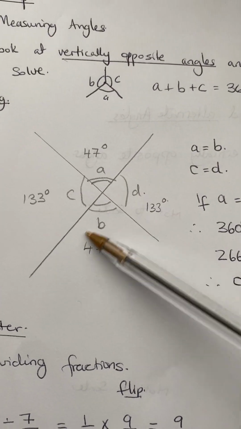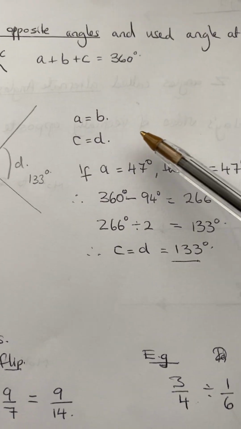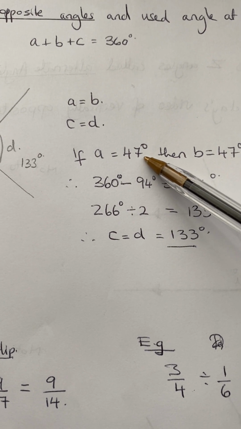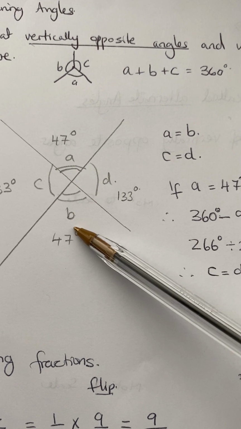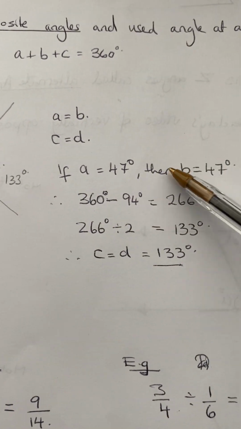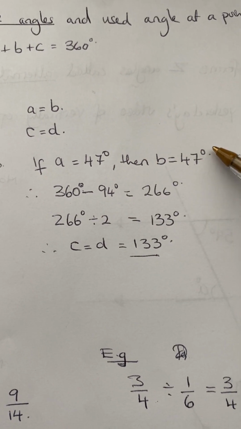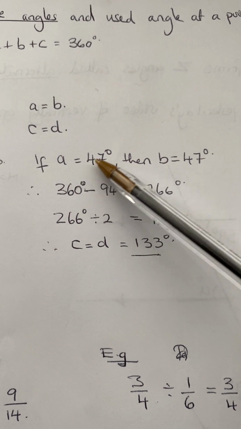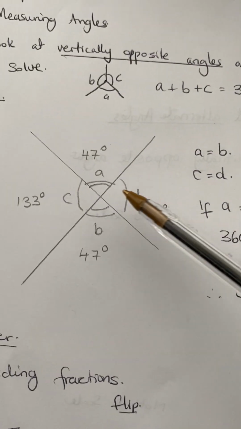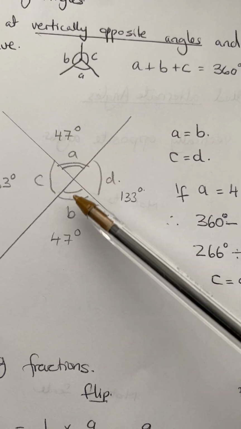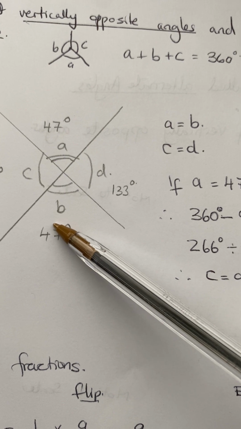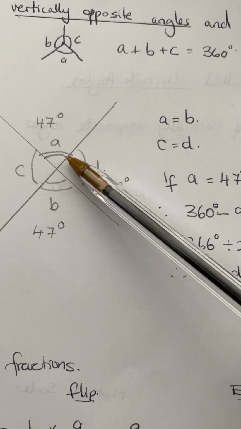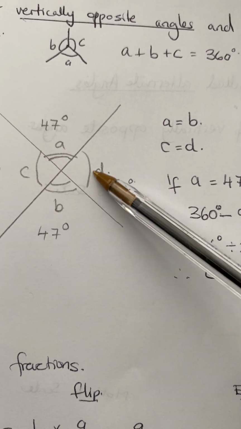So I have an example here again. If A is 47 degrees, then B is also 47 degrees. So we've been given A. From what we learned yesterday, A is 47, B is 47. Now, the angle at this point is 360.